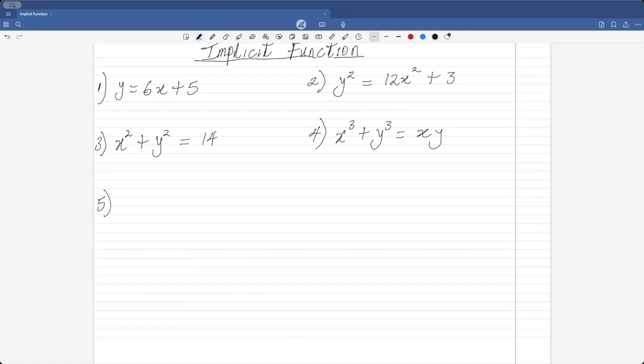The fifth, which is the last one, we need to have 4xy equals y plus x.